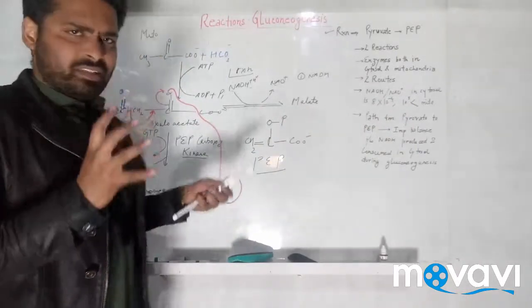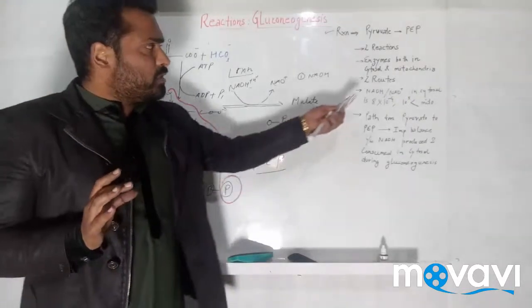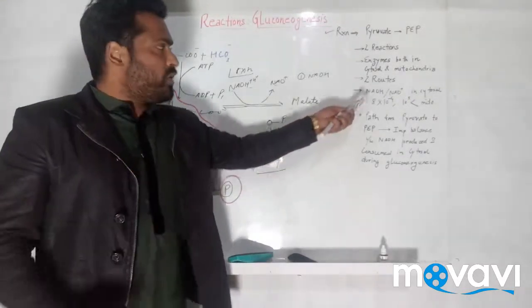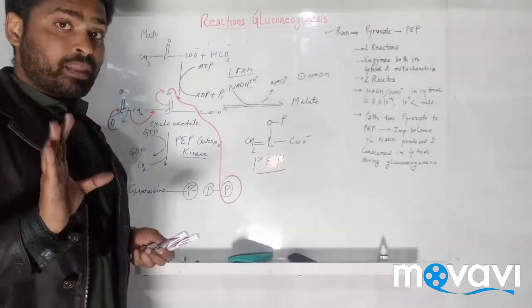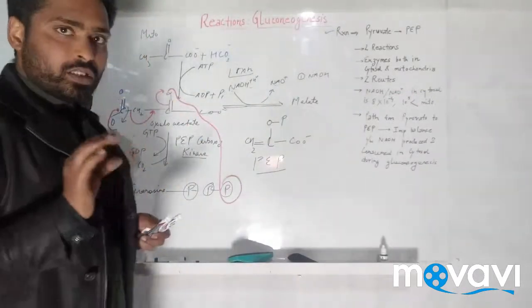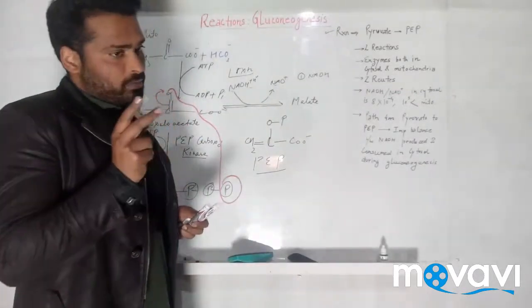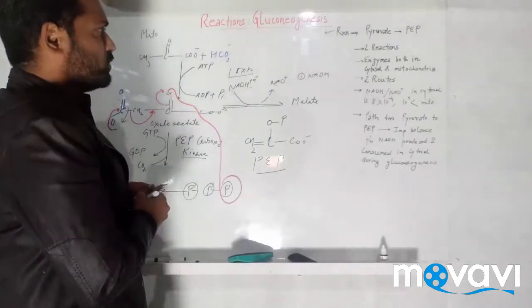So we can simply say that the concentration of NADH is low in cytosol as compared to mitochondria. So for that, what are we going to do?